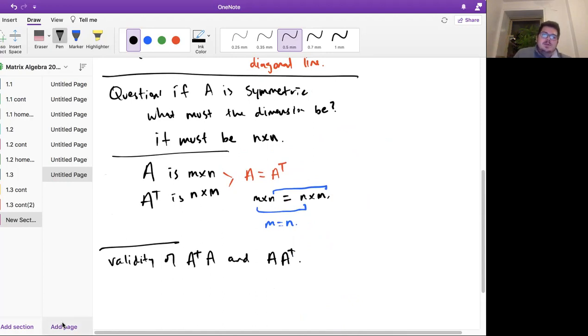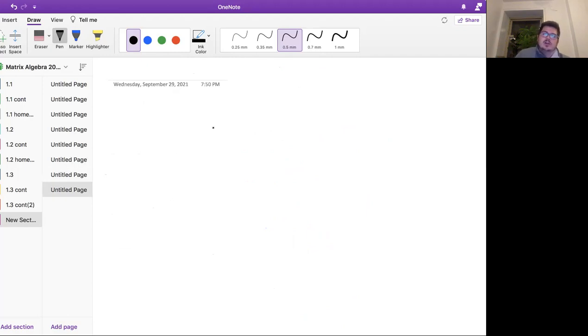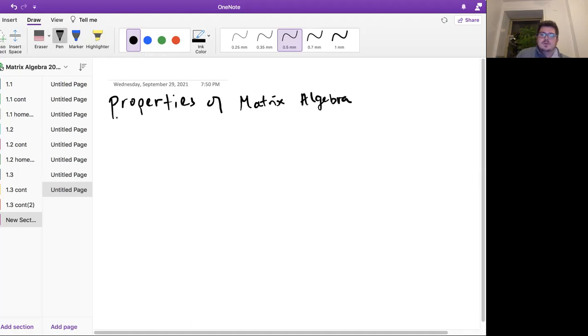All right, so this is now technically the beginning of 1.4, the properties of matrix algebra, some of which we already talked about. Let's recall some of the ones that we did before. Remember, we defined addition, and we proved it was commutative.